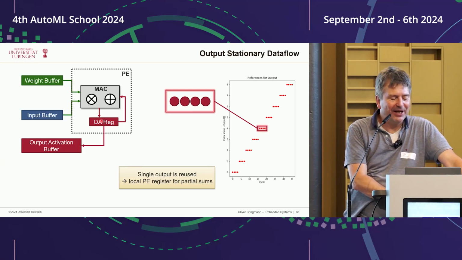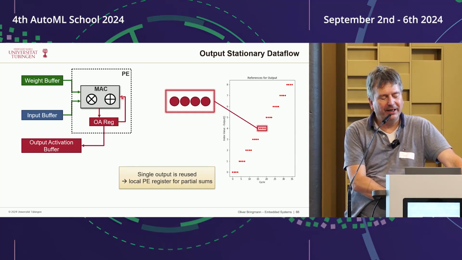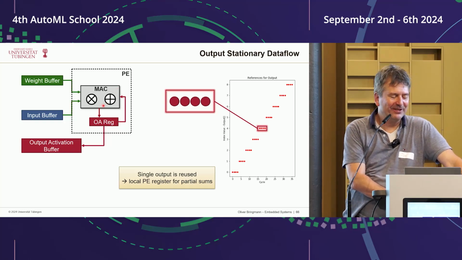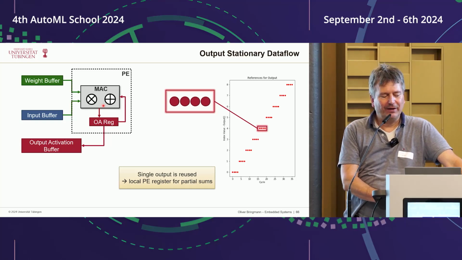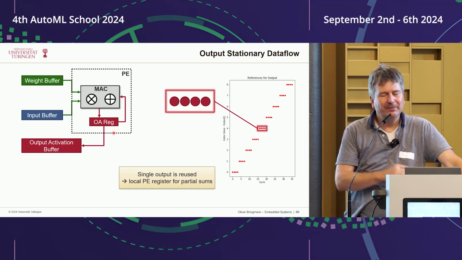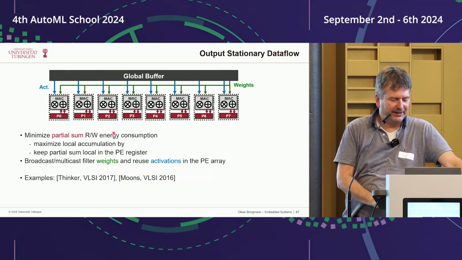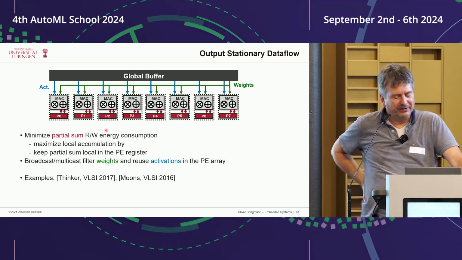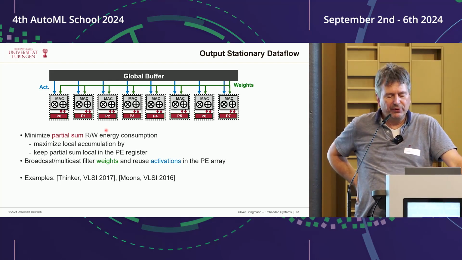I put an output register in the processing element, and that output register will get feedback to the MAC unit. Then of course I have more sequential operation, but I can also think about doing some parallelization. And that's a pattern here that comes out. A lot of architectures are also using that pattern.